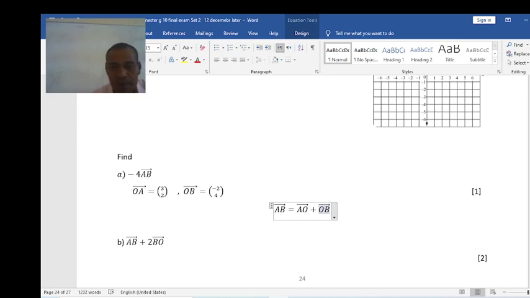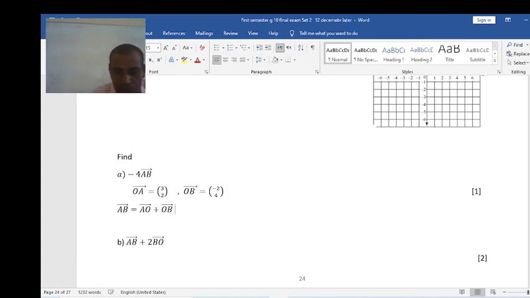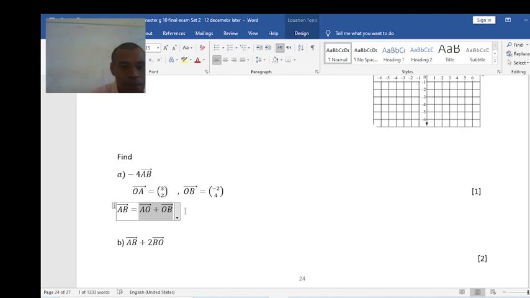But look here. This is OA equal to 3, 2. Here it's written AO, so I can change OA. It will be negative AO. So AB equals negative OA plus OB.